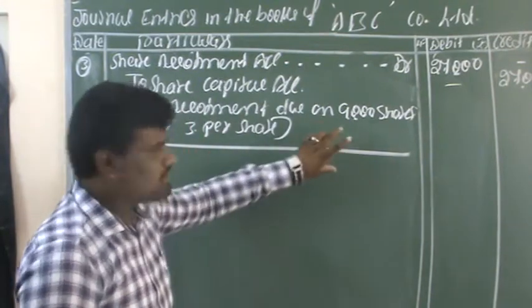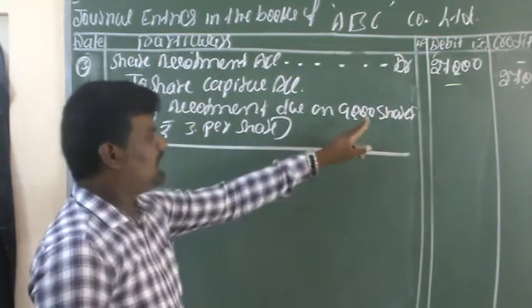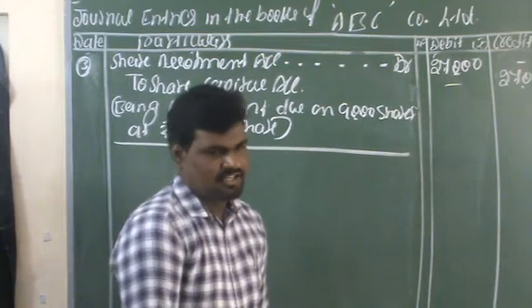This is the narration about the allotment money due. Being allotment money due on 9,000 shares at rupees 3 per share.